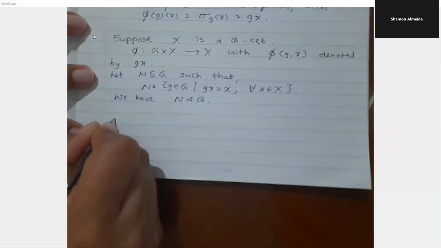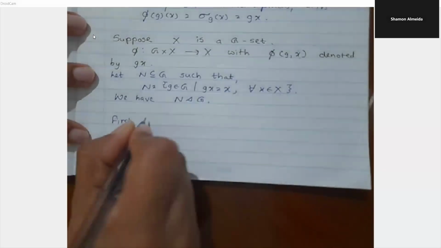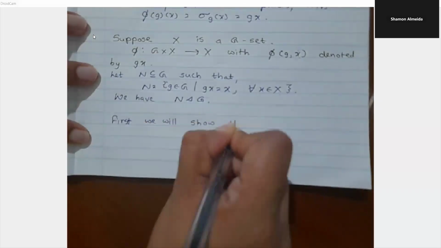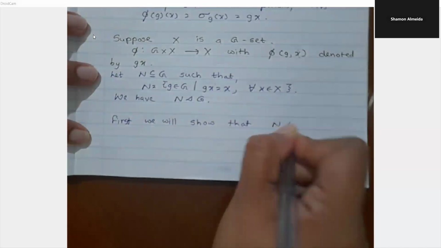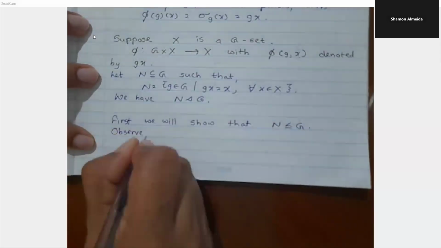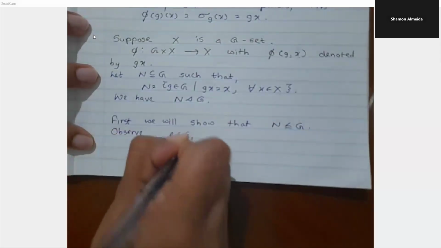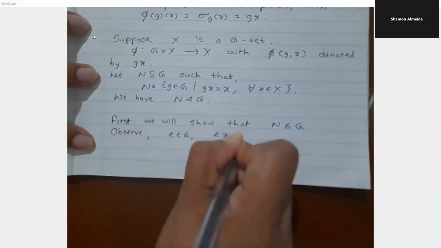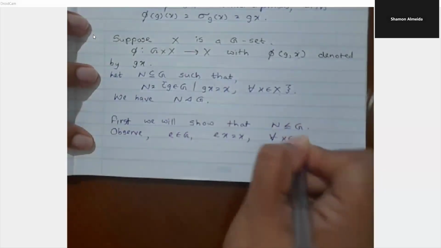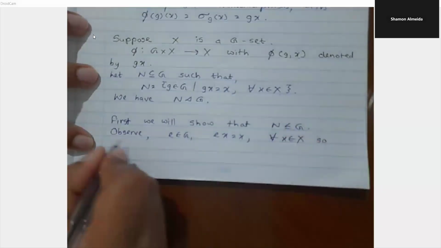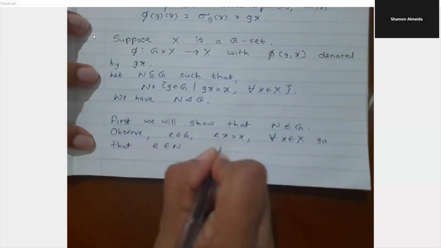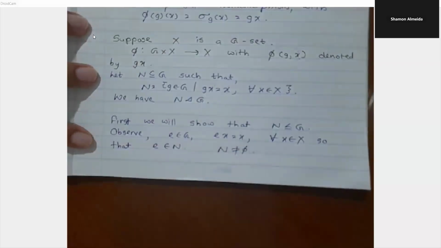So let me first write. First, we will show that N is a subgroup of G. Observe for E in G, EX equals X for all X in X, so that E belongs in N. N is not empty.